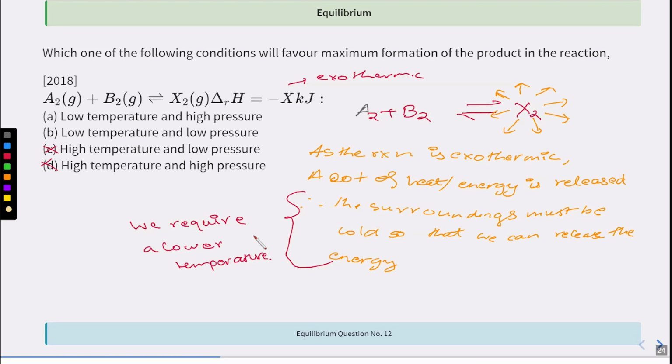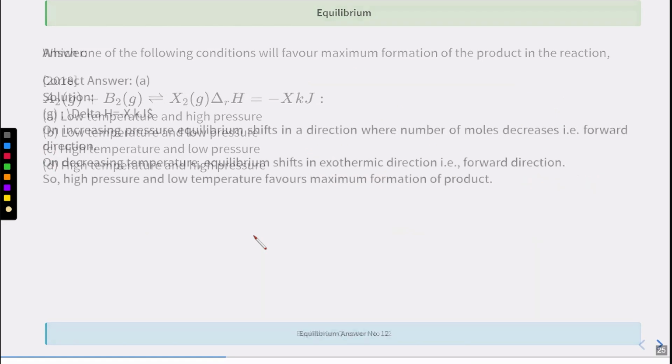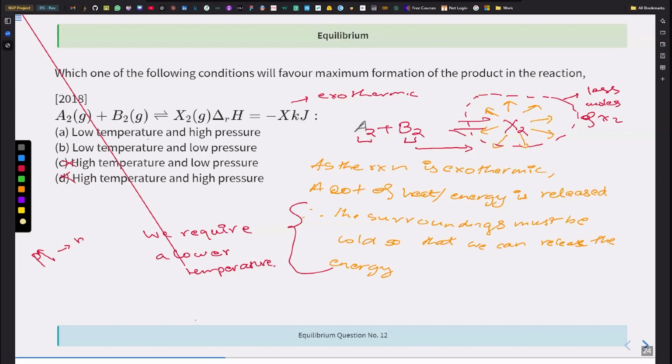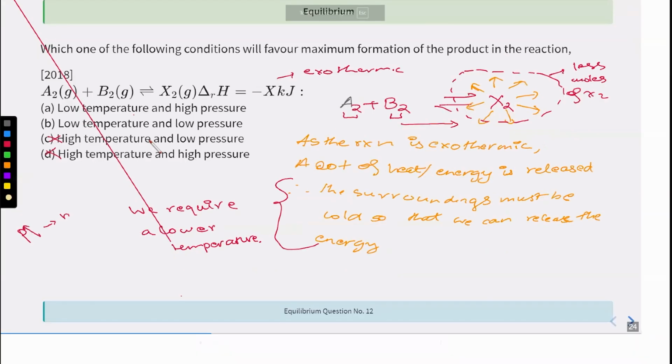What is happening over here? We'll just restart this question quickly. We have one equation, A2 plus B2 gives rise to X2, and they have told that this is an exothermic reaction. That means energy is released.